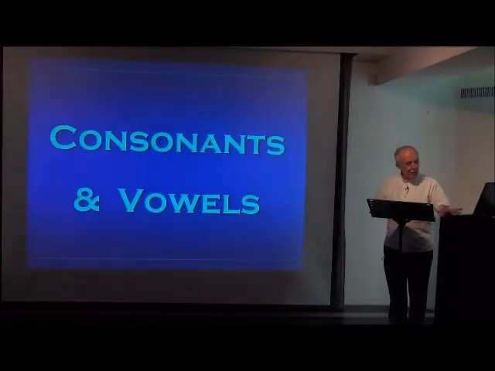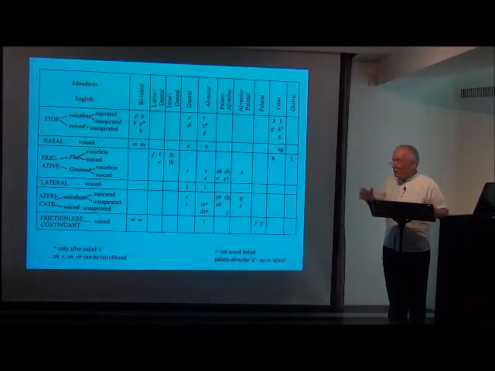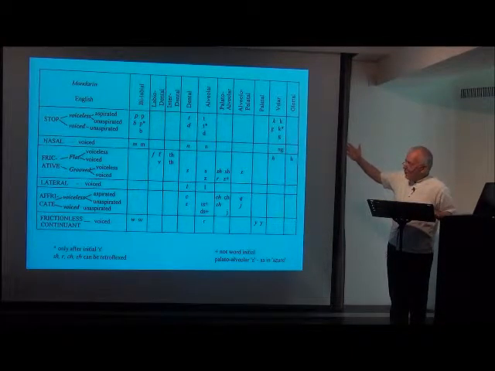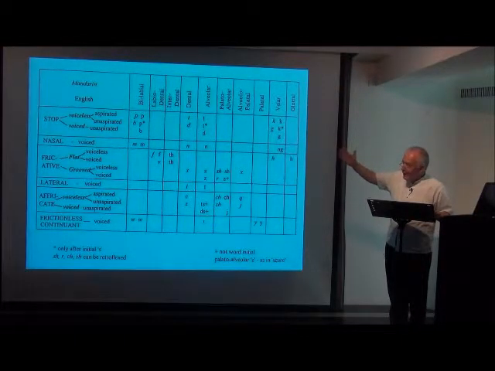As we look at the consonants and vowels, we can see where the student's difficulty might lie. In other words, if the sound is in English and in Mandarin Chinese, it's not going to be a problem.